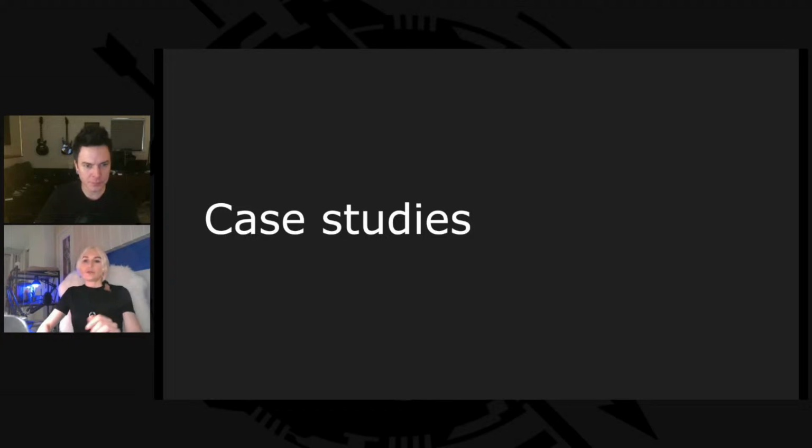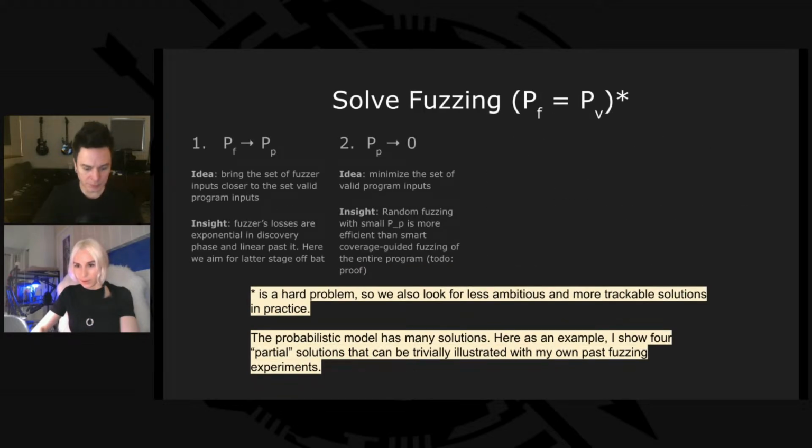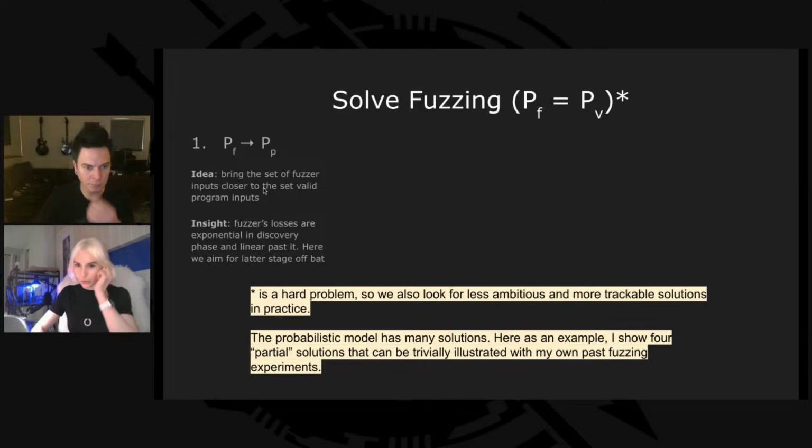Now I want to go through my previous case studies of vulnerabilities to illustrate the specific approaches that I showed here. So, starting from the first approach: pull the probability distribution of fuzzing closer to the probability distribution of the program.